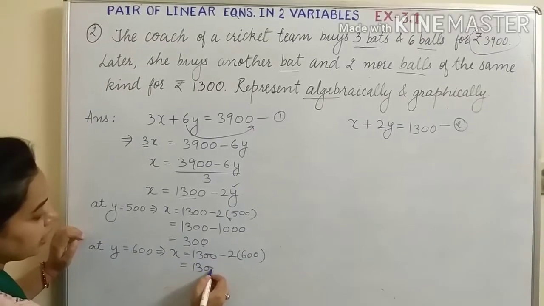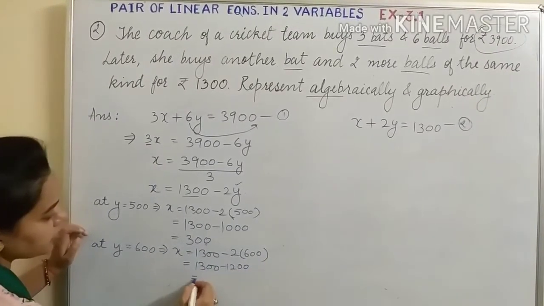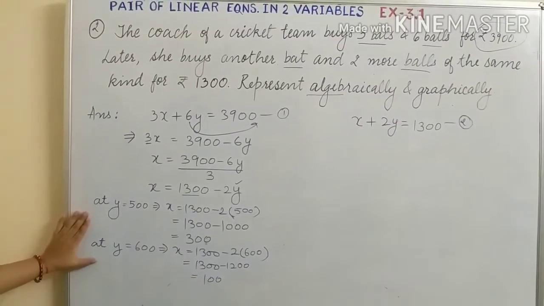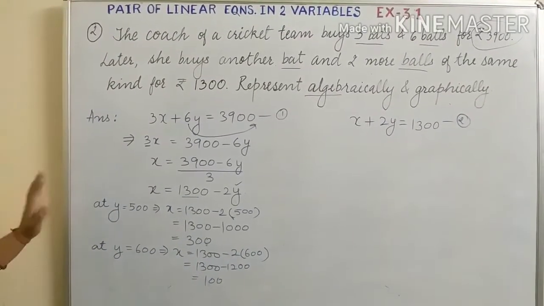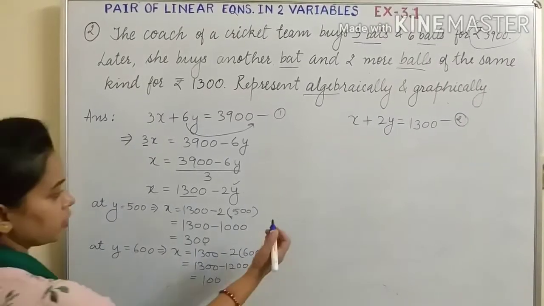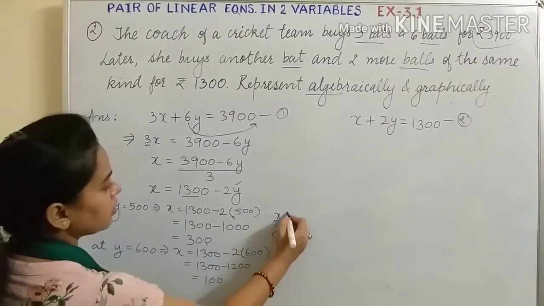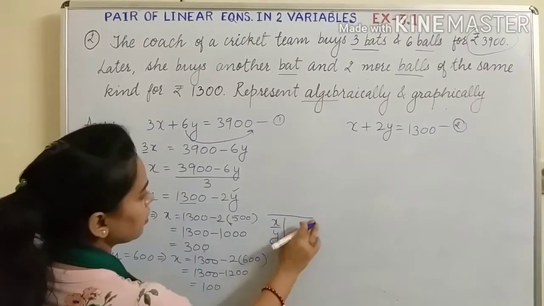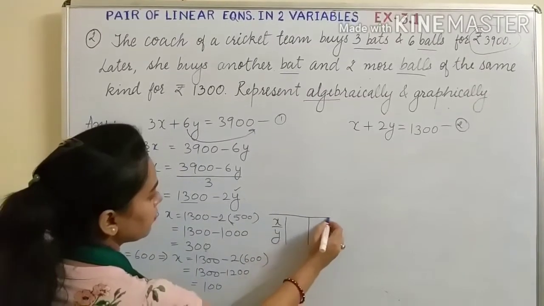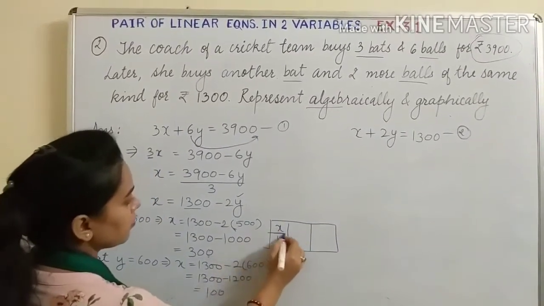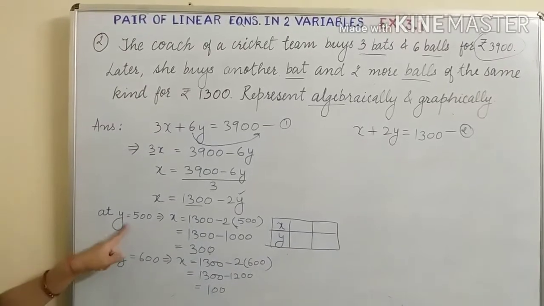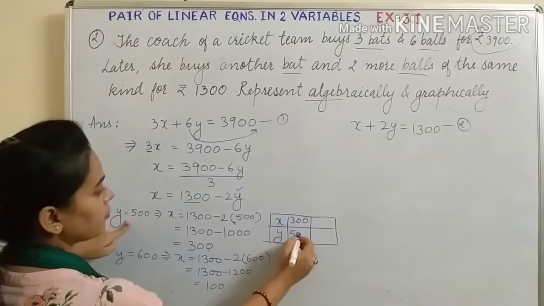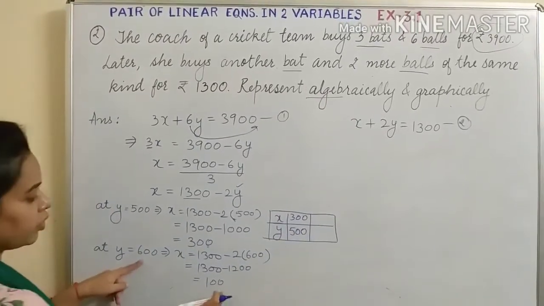It comes out to be 1300 minus 1200, which is 100. At least two values are required, therefore I have taken only two values. You can take 3 or 4 or as you wish. So let's make the box for these values. First is y equal to 500, x equal to 300. Then y 600 for x equal to 100.